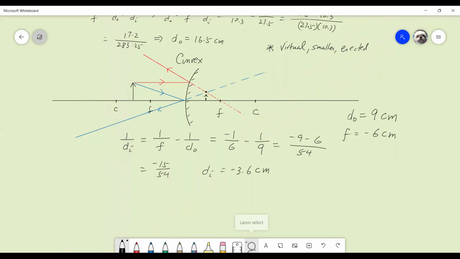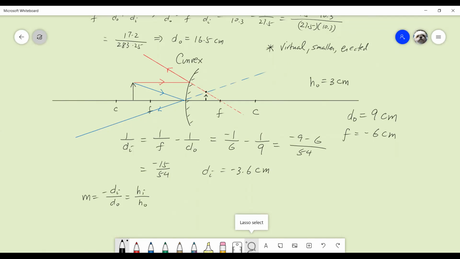So let's say the object height. Now I'm going to calculate that. Remember the magnification is equal to negative DI over DO, but it's also equal to HI over HO.